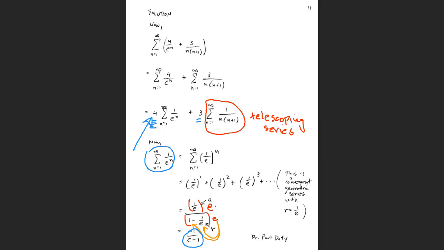So the series is neither a geometric nor a harmonic series, but it's what's called a telescoping series. And we want to see if that telescoping series converges or diverges. So let me go to the next page and I'll show you how we do this.